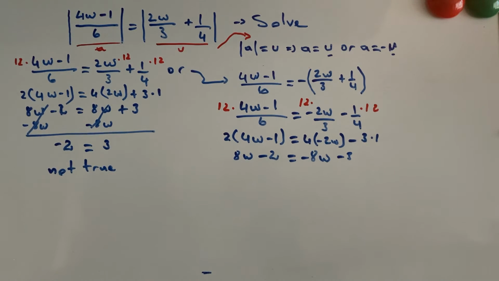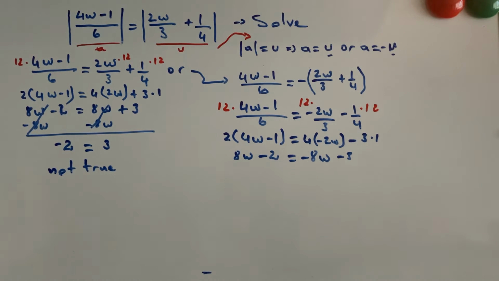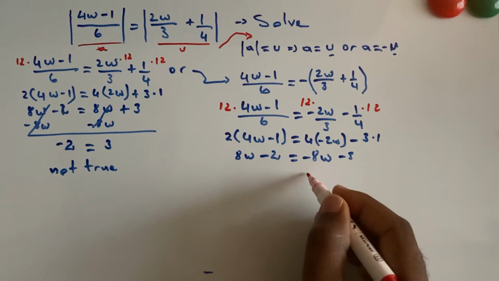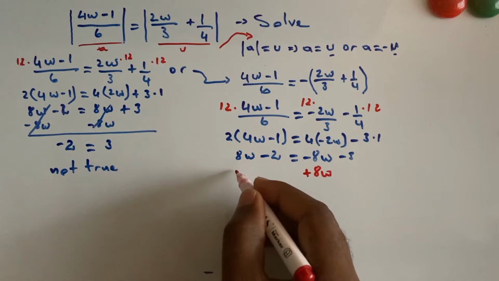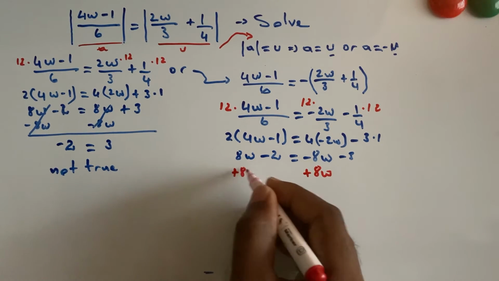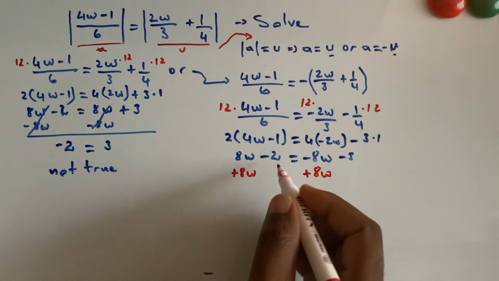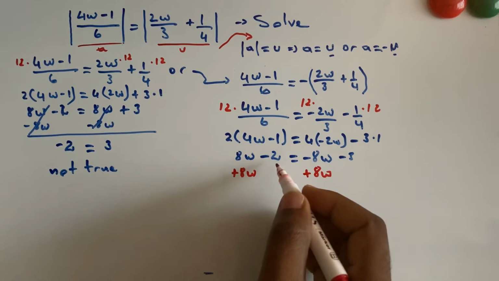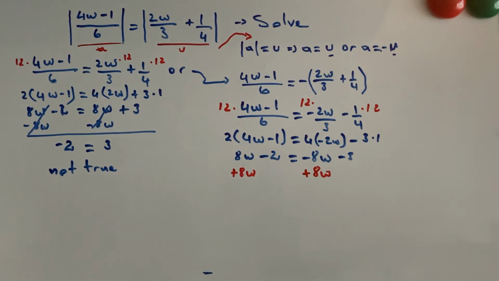Okay, so now here we do the same thing because we're trying to isolate the w. So I'm going to subtract, or add in this case, 8w. I'm also gonna do another thing, moving the negative 2 to the right, because there's no variable near it.